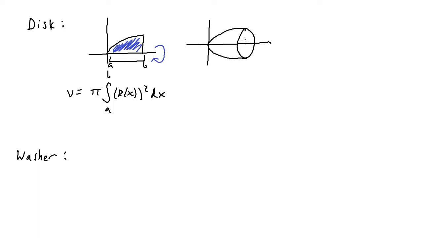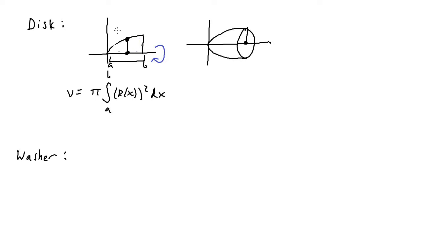So the radius of the solid is going to be the distance from the axis of rotation to the outer curve. So in this case, if I go ahead and erase the blue shaded region here, the axis of rotation is obviously the x-axis, and the distance from the x-axis to the outer curve is just going to be the curve itself, because whatever the y value of the curve is, that's going to be the radius, or the distance between the axis of rotation and the curve.